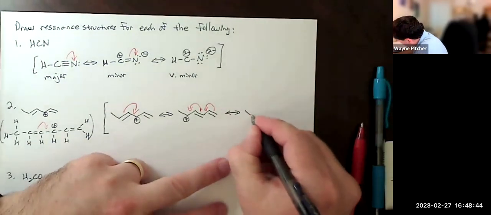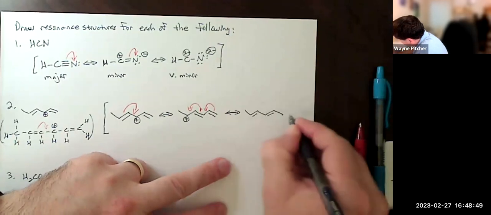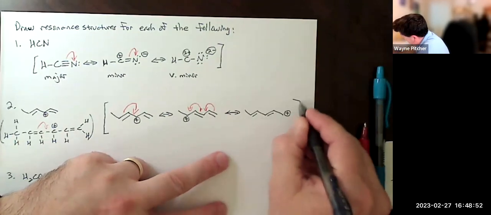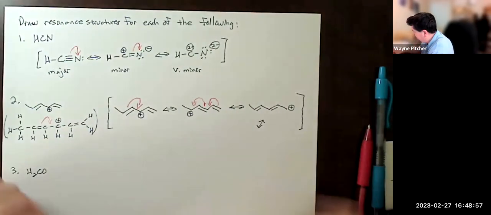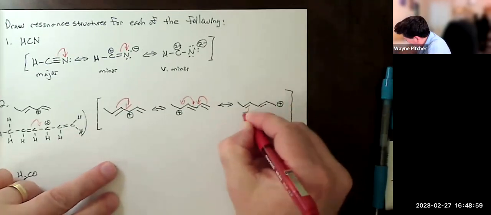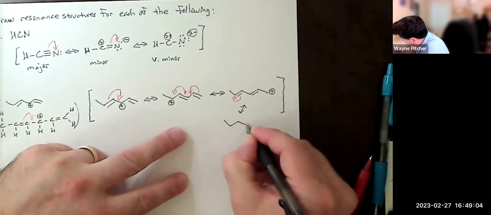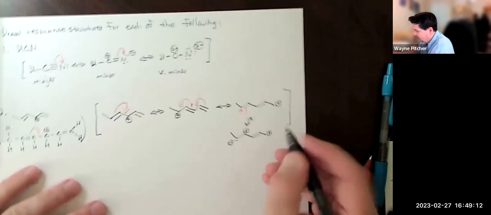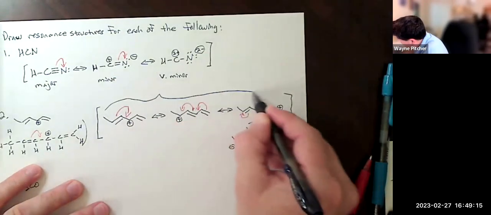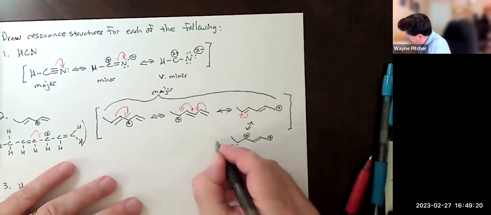At any rate, I'll now have those there and a positive charge there. Now, I could do some weird stuff, like I could have those electrons go there and then get a positive charge there, lone pair, negative charge, positive charge there. But long story short, these three are the major three.